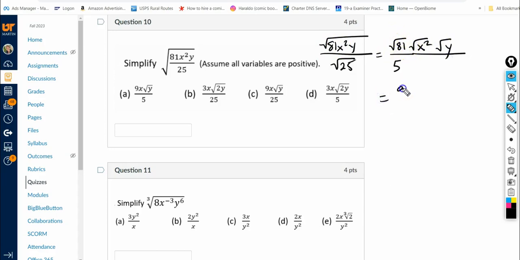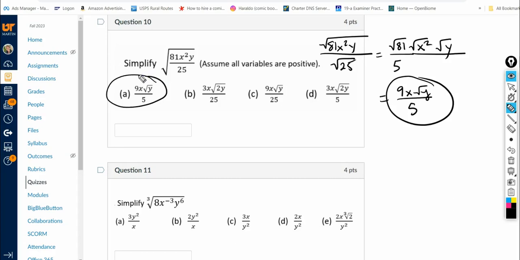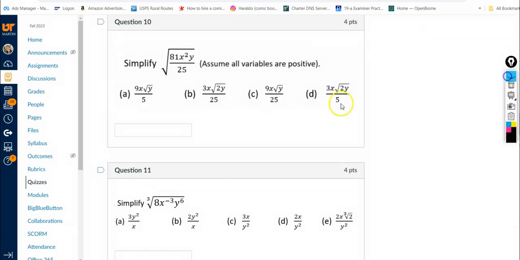Square root of 81 is 9. The square root of x squared is x, because we're assuming it's positive. And so that's the answer to this one. So I want A.